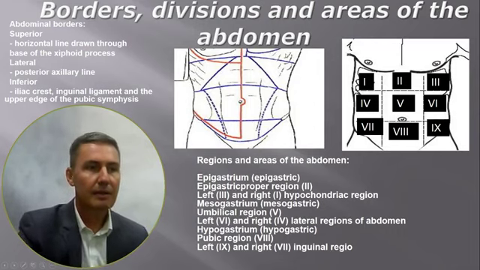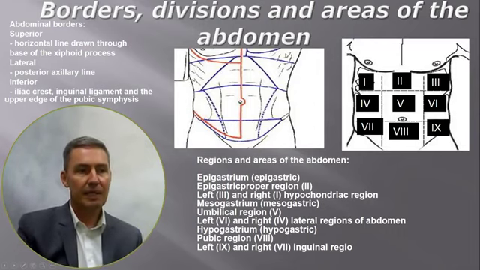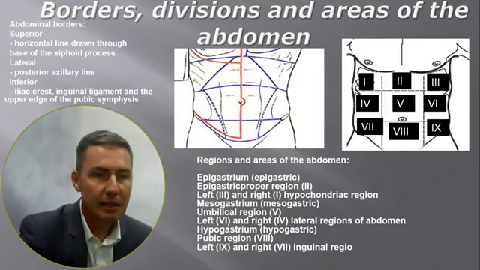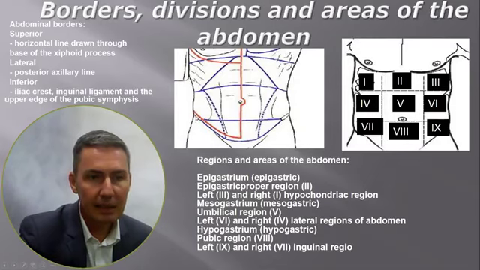The lateral border is the posterior axillary line, and inferiorly it is bounded by the iliac crest laterally, then the inguinal fold, which corresponds to the inguinal ligament, and the superior border of the pubic symphysis. So this is the region of the abdomen.